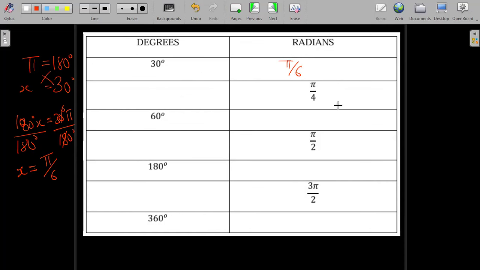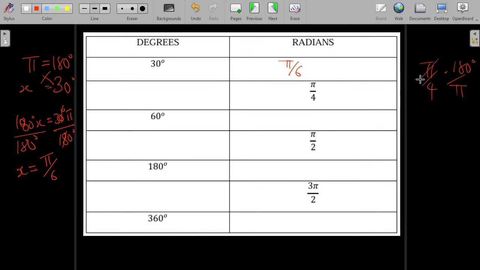Then I have this other one here, which is telling me to convert this into degrees. So I have pi over 4, and I have to convert the pi over 4 into degrees. To do this, it's easy to just use the flip, which is 180 degrees over pi.